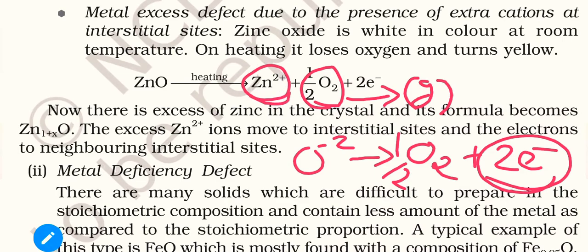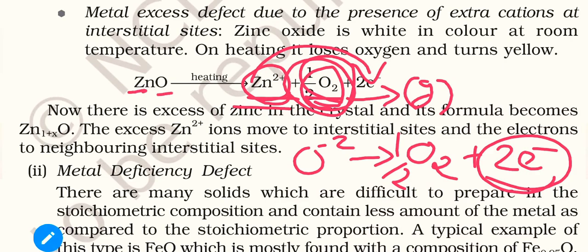Now zinc plus 2 ions will move to interstitial sites and the electrons will move to the site near this positive ion. So again the Zn plus 2 charge will be neutralized by electrons released by oxygen. So neutrality is maintained, but negative ions are removed from the crystal lattice.